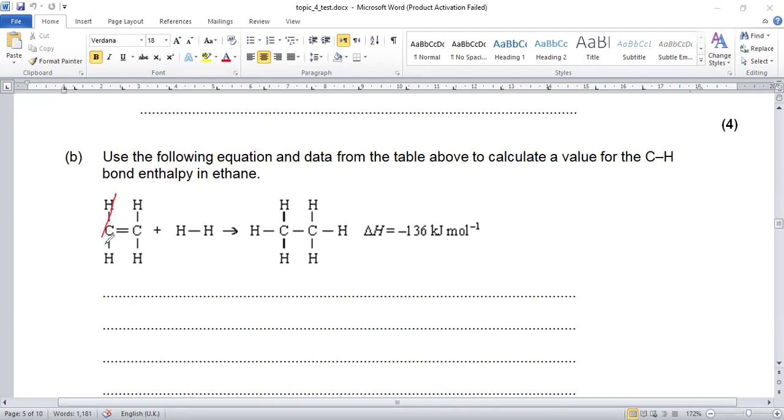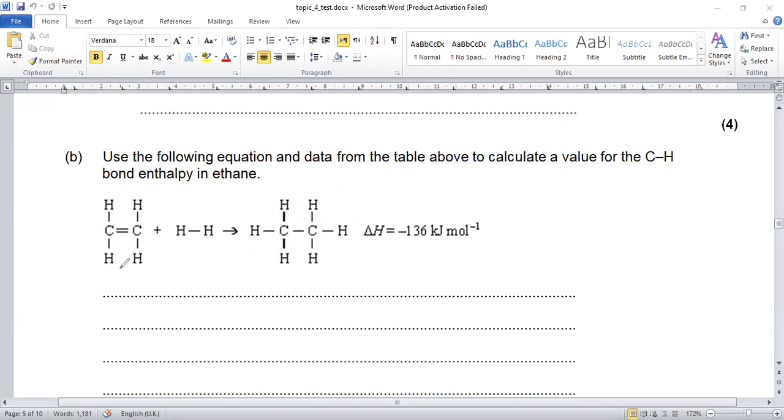Remaining 2 C-H. We will consider them 2x and calculate x as a variable. x means C-H.